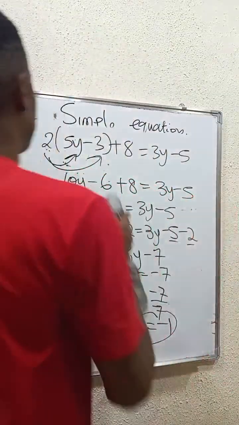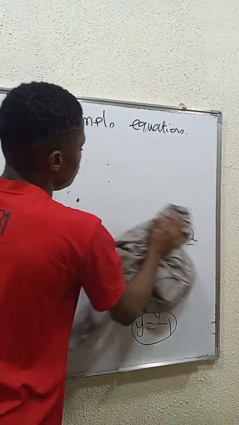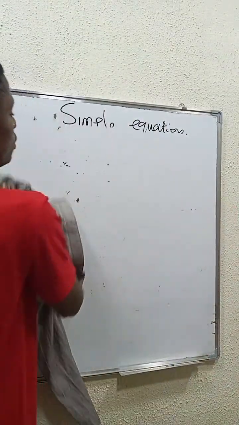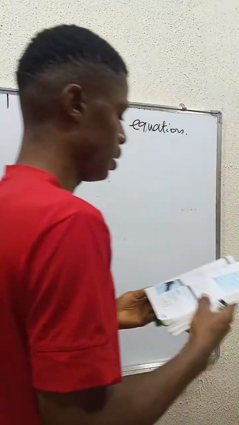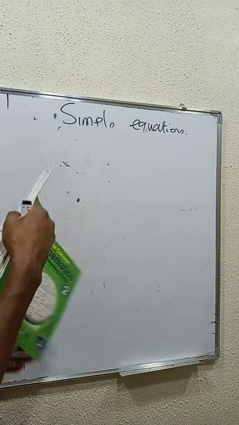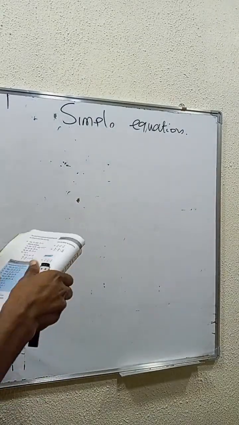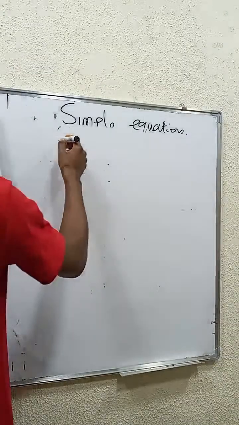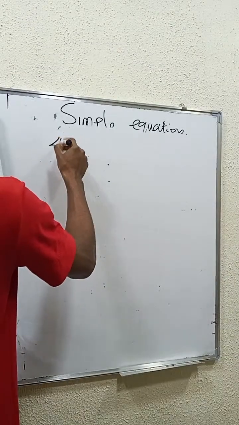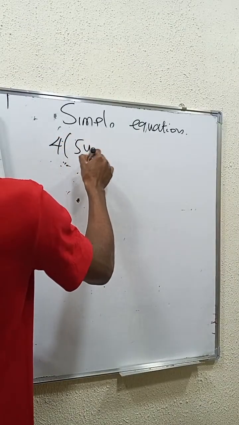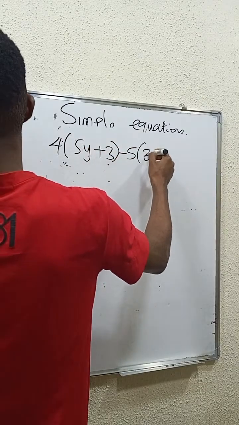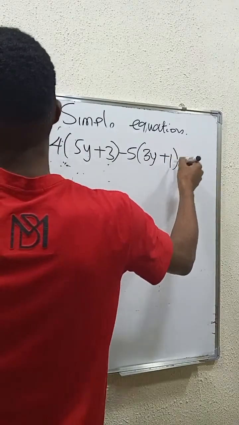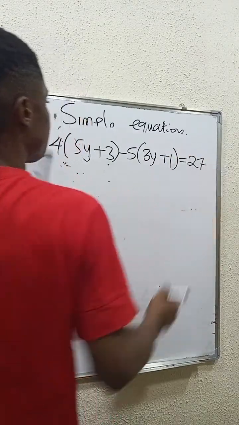Okay, let's try another problem together. Let's look at 4 into 5y plus 3 minus 5 into 3y plus 1 is equals to 27.